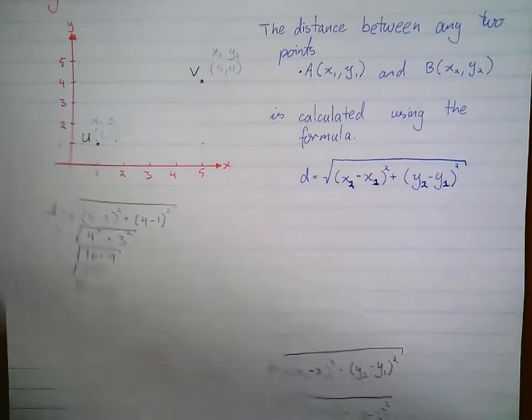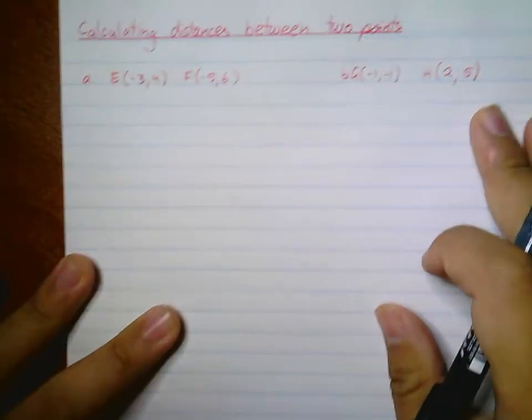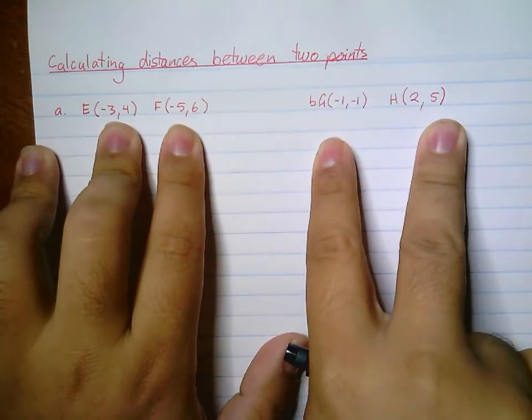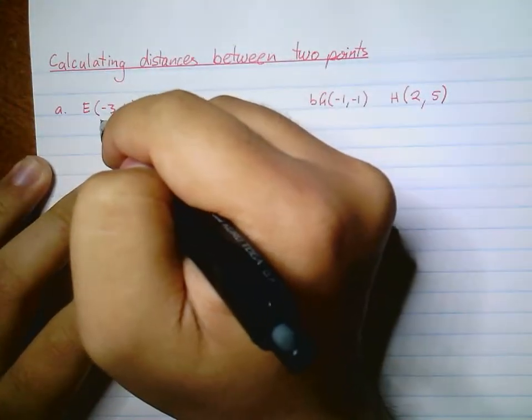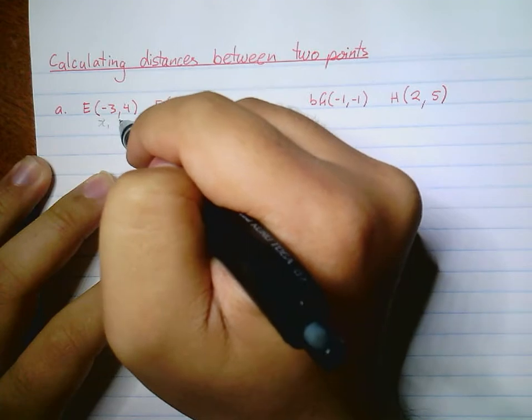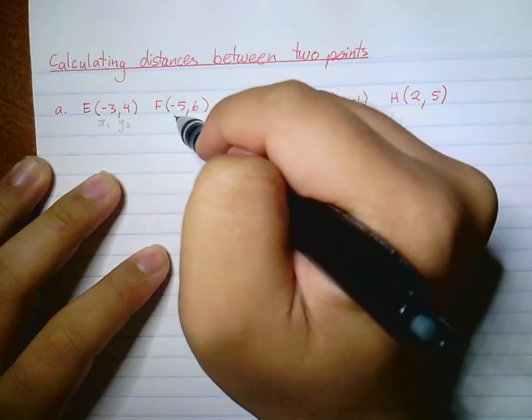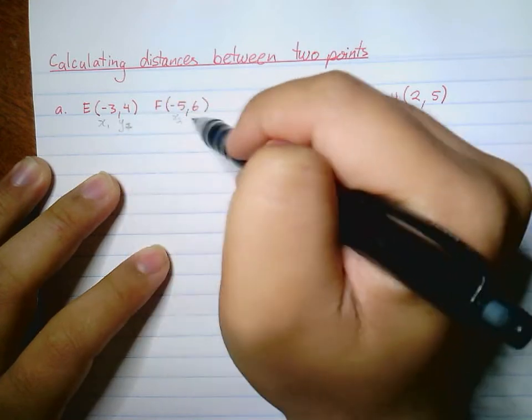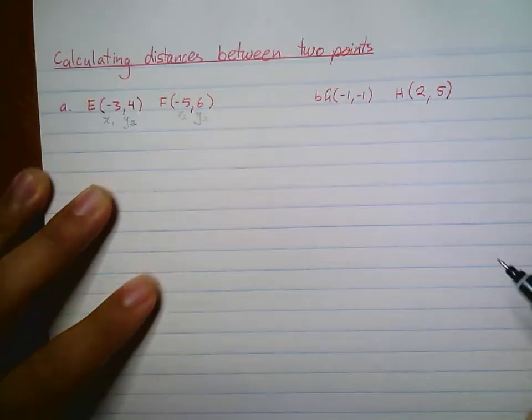Two more examples for us here. This time they are not with a graph. We're just given 2 coordinates in each example, and it doesn't change a thing. So I'm going to quickly rush through this one, just so you can see the process. That's x1 and that's y2.